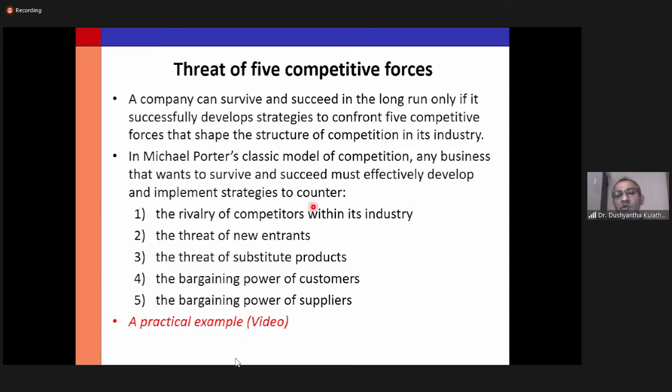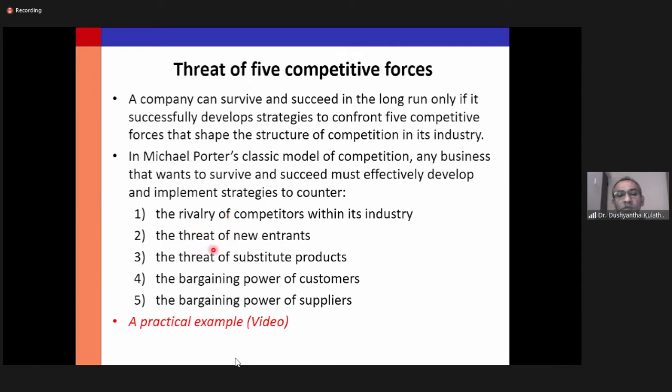But in most of the other industries, you usually find that competition exists because there are many players operating in that particular industry. So, as I mentioned earlier, it is something natural when there are two or more players operating in a particular industry. The competition or rivalry among the competitors is natural.